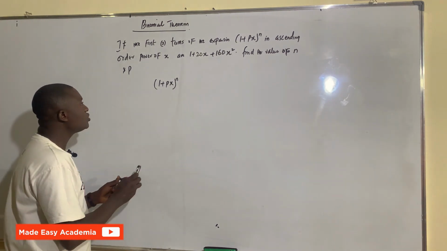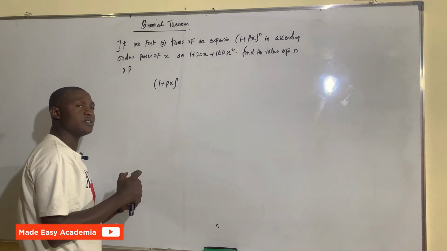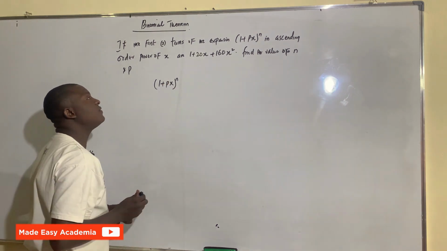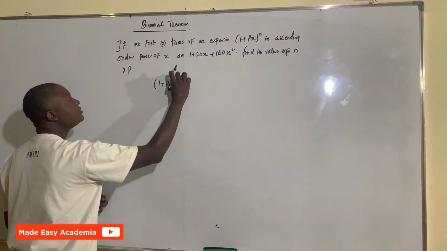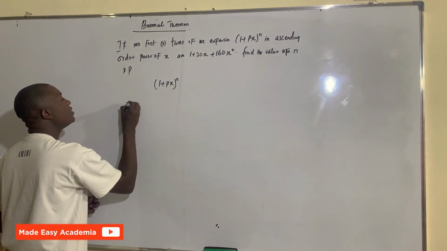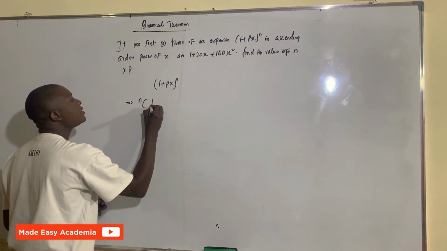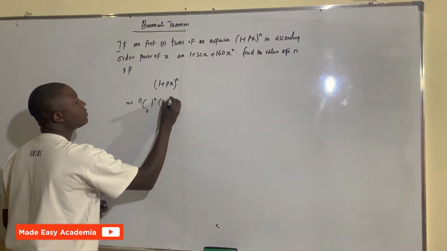Recall that I told you if you are using binomial expansions, the first one will be decreasing, then the second one will be increasing. Hope you remember that. So now let's plug the values. The first number we have here is 1 and the power begins with n. So we have n combination 0, 1 raised to the power of n, then px raised to the power of 0.